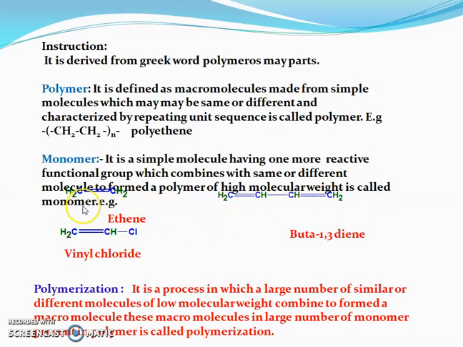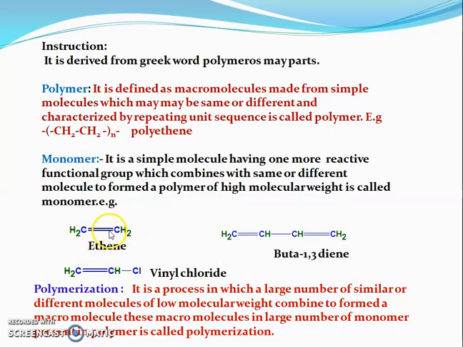For example, this is ethene. Ethene is one of the monomers for polyethylene. This is vinyl chloride. This is buta-1,3-diene. These are some examples of monomers.